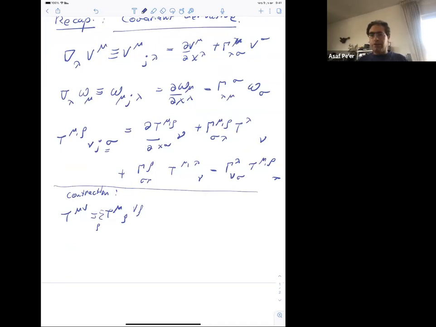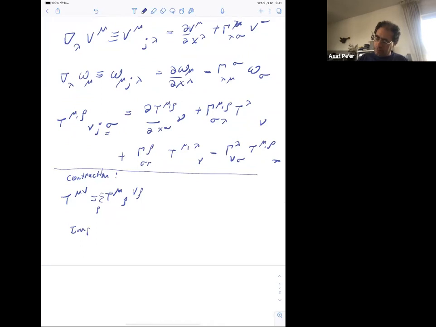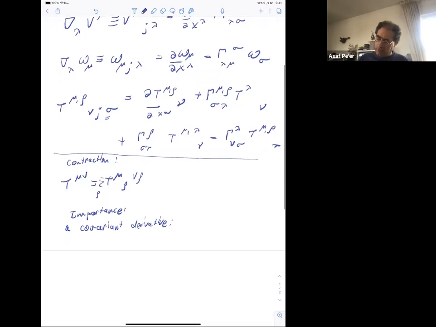One, it converts a tensor into a tensor.